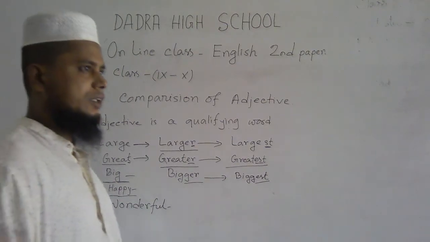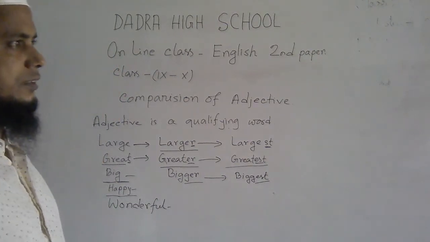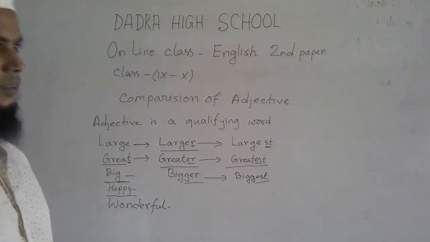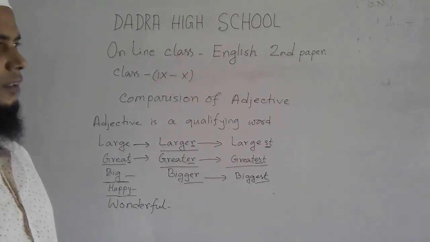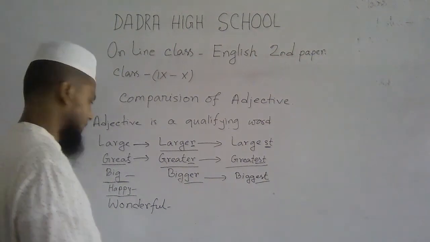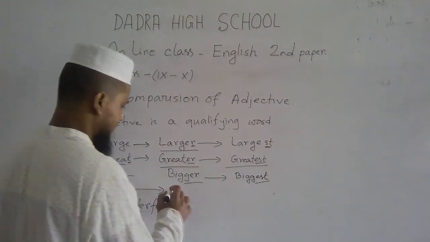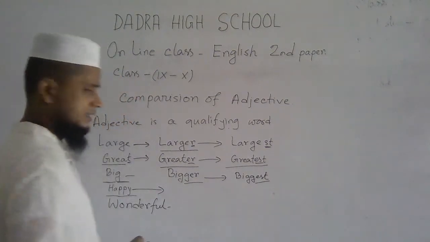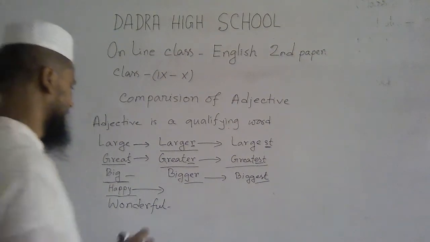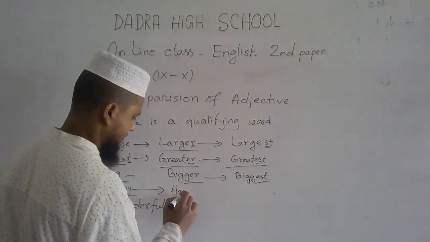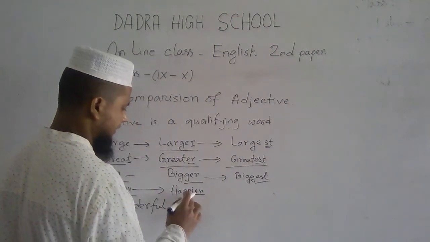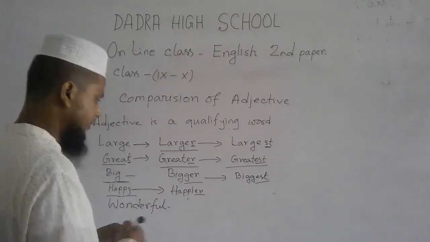So, if you get such types of words that have Y at the end, and the Y does not follow any vowel, in that case, to make them comparative, you will change the Y into I, and then you will add ER.